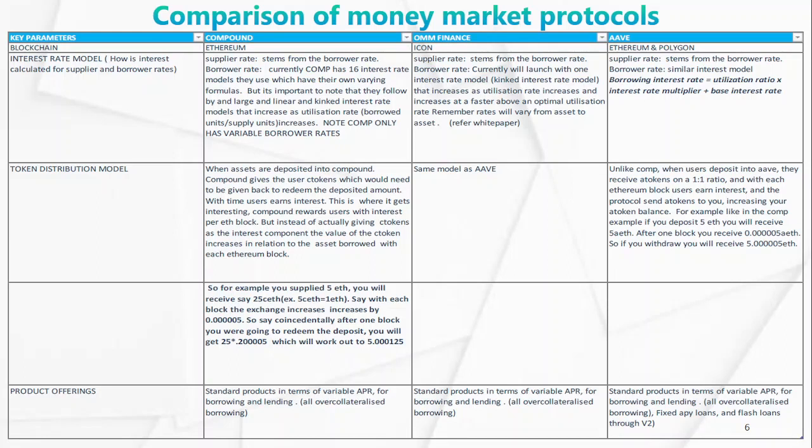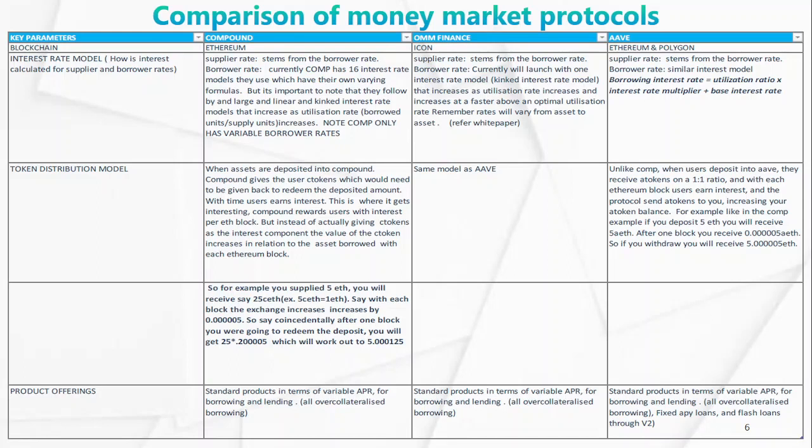The only difference is Anchor, and Aave also does have fixed products as well, but I didn't really want to bring it up at this point because it's a bit complicated for an introductory session.